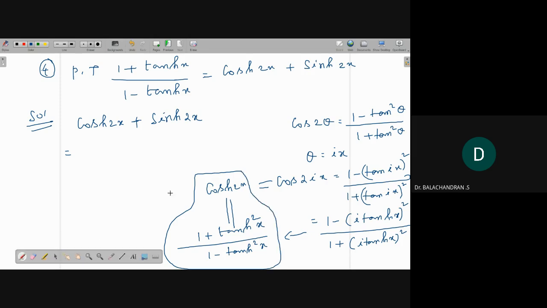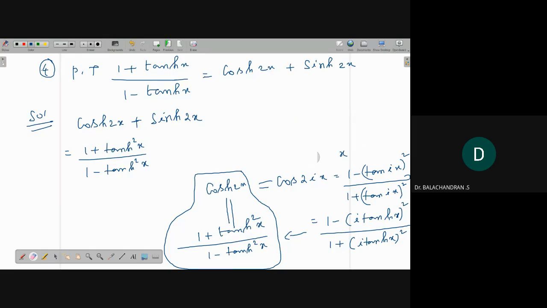So instead of cos h2x, I am going to write 1 plus tan h square x divided by 1 minus tan h square x. Okay. So now I am going to erase these things. If you wrote it in your notebook, then I will erase it.